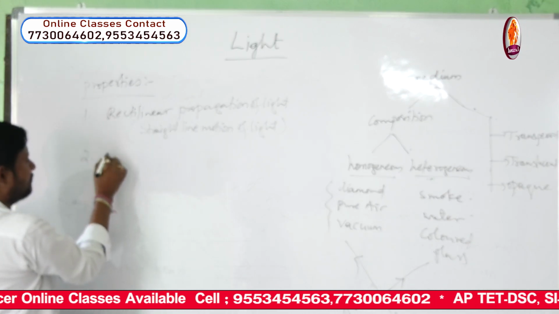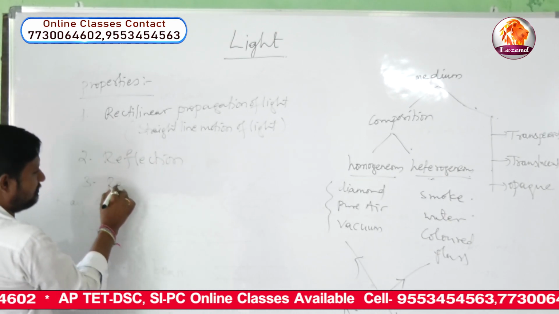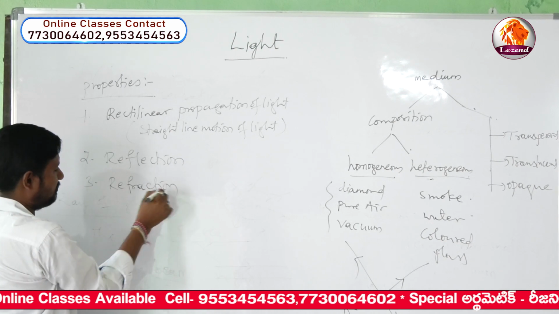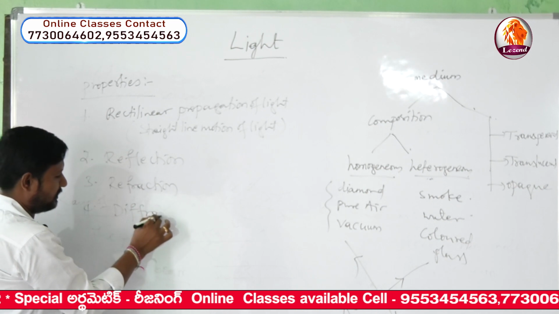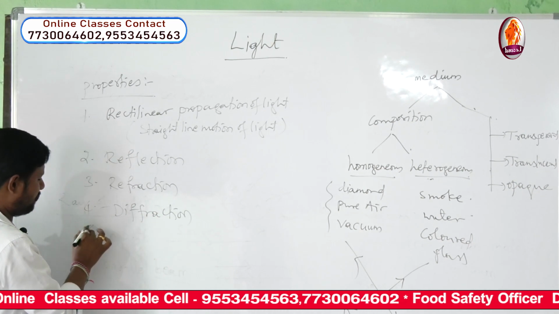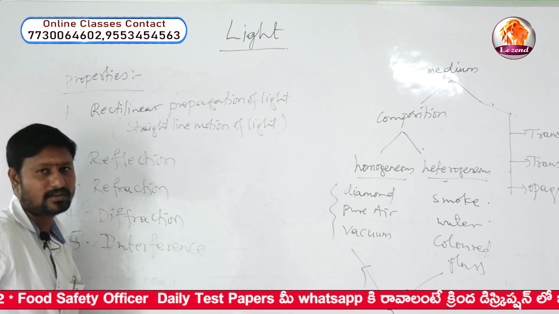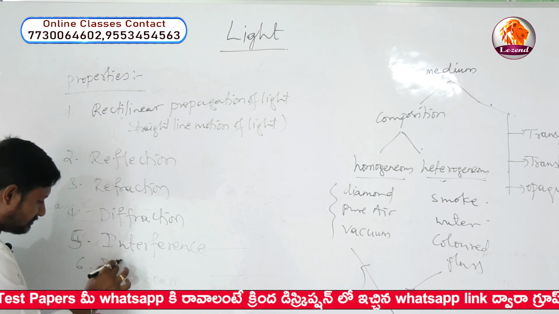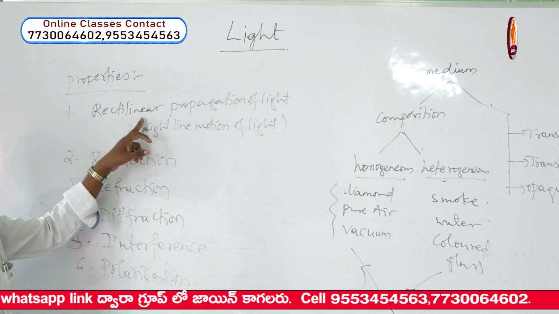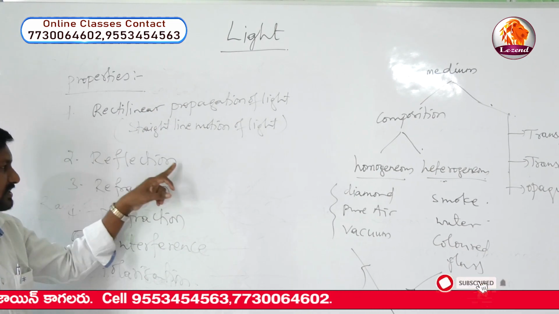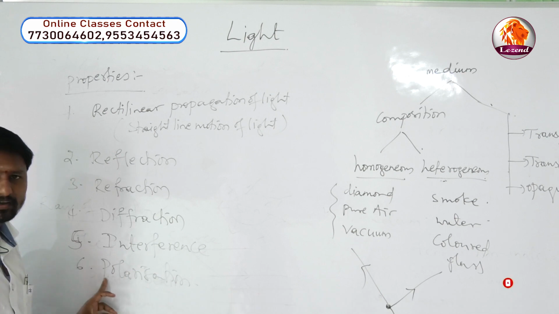Number 2, reflection. Number 3, refraction. Number 4, diffraction. Number 5, interference. And number 6, polarization. These are the properties of light: rectilinear propagation, reflection, refraction, diffraction, interference and polarization.